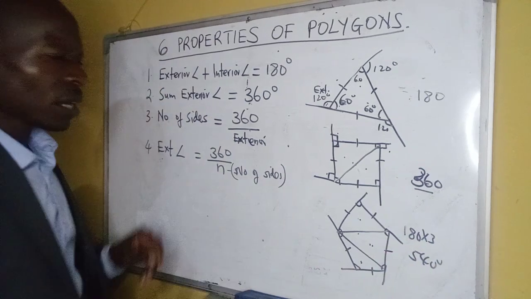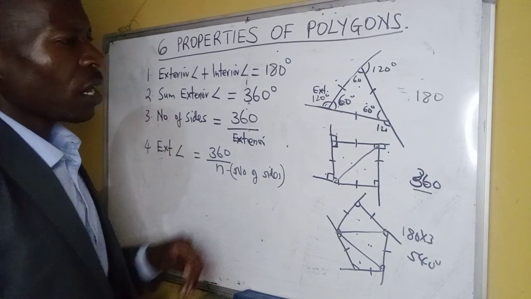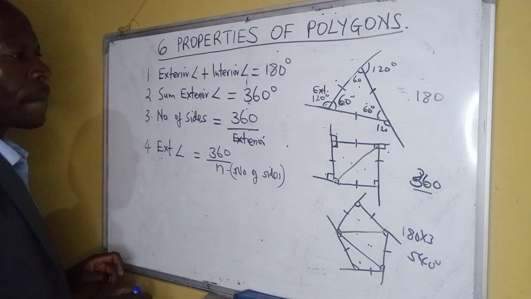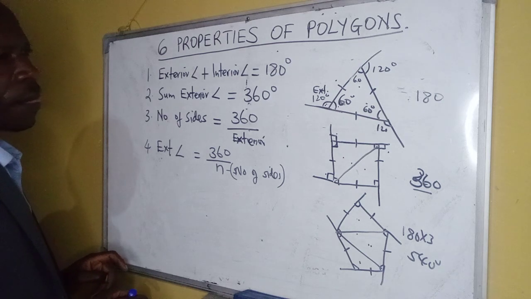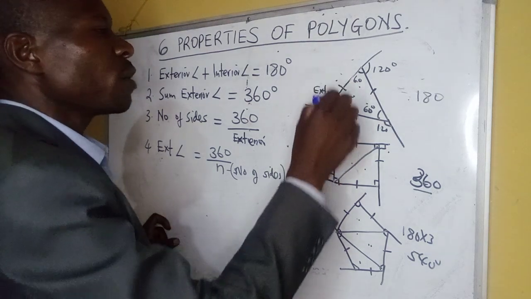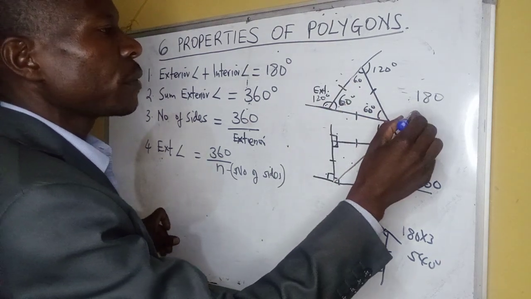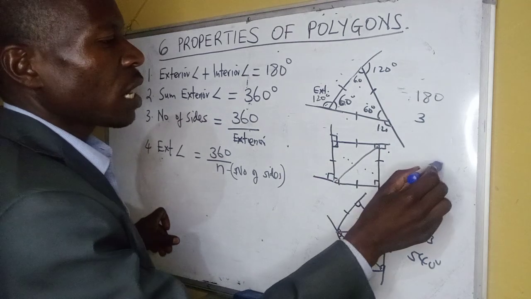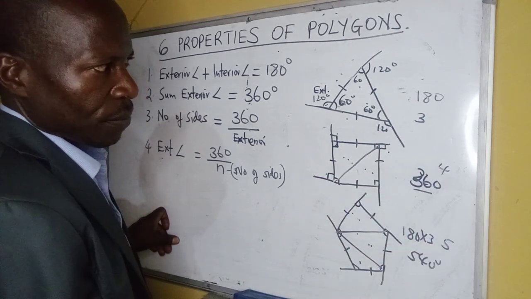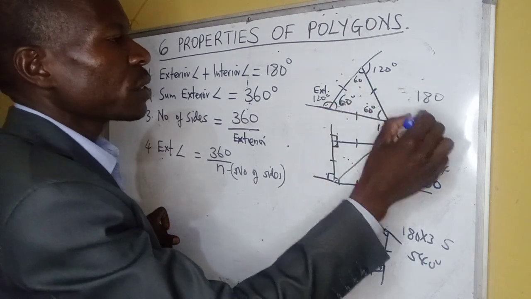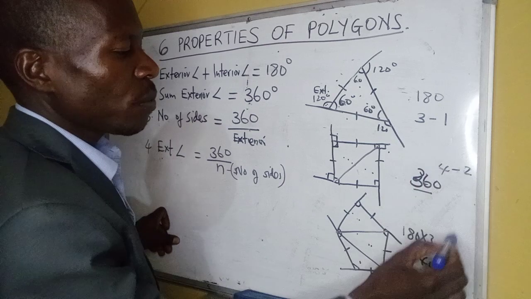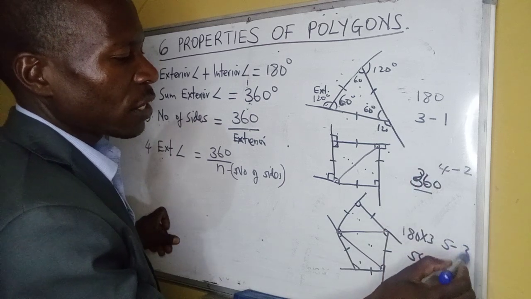So we can deduce something here. You realize that we can have a formula. The number of sides here are 3, here 4, here 5. Then the number of triangles here is 1, here is 2, here is 3.